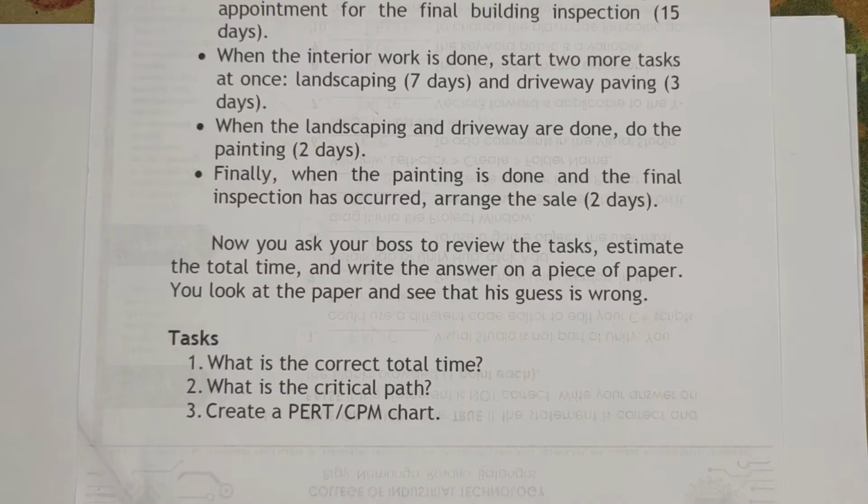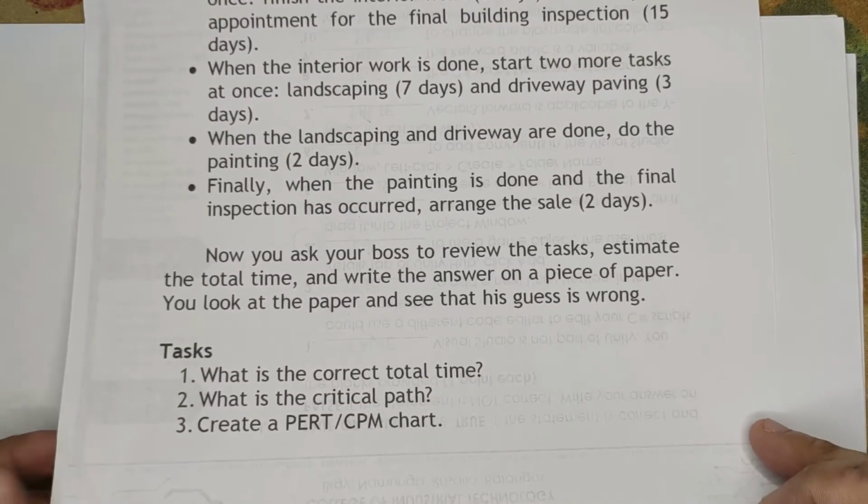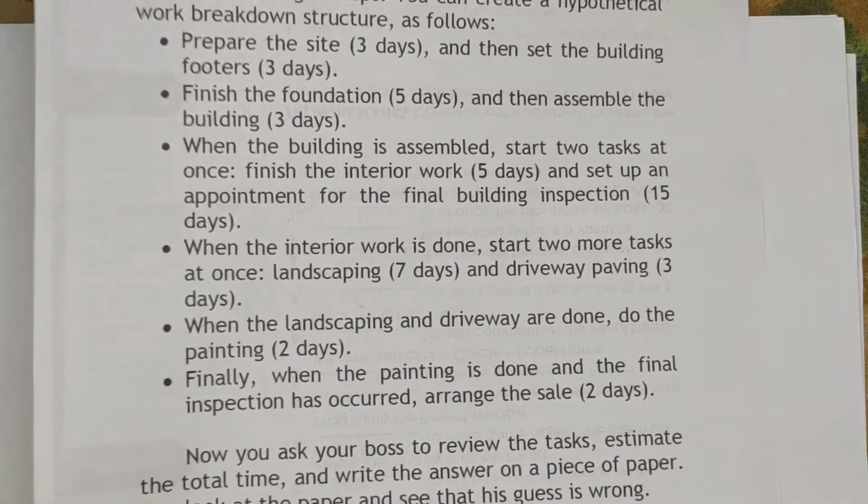For this example, it is already easier for us because the tasks are already outlined and the durations are already indicated. So let's first create a table so that we can proceed with creating a PERT CPM chart.